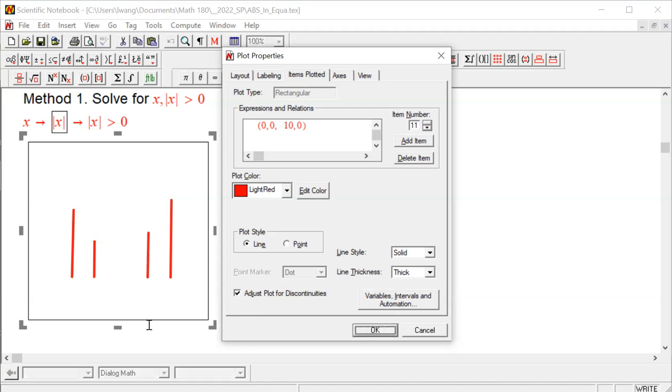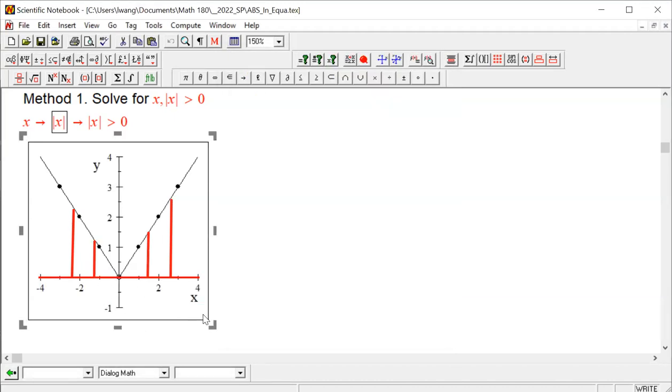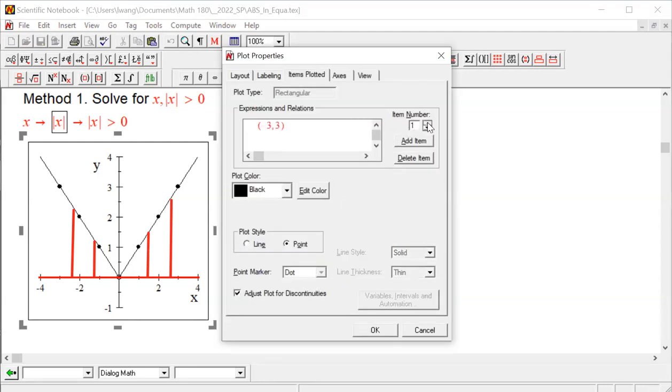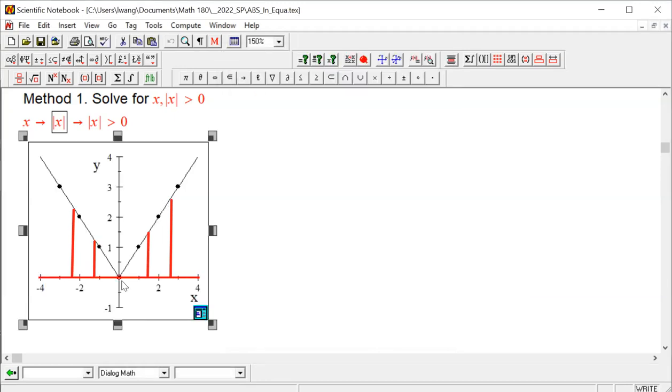Oh, I meant to have a red circle. Sorry, I forgot to change the color. So the red circle, I hope you guys can see. Every number is a solution but 0.